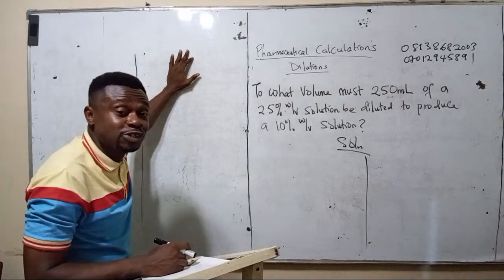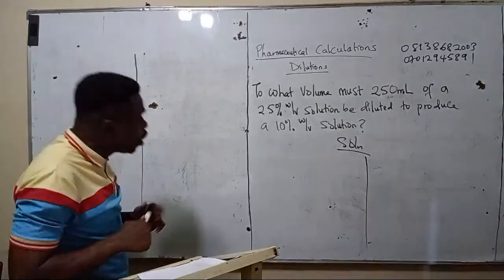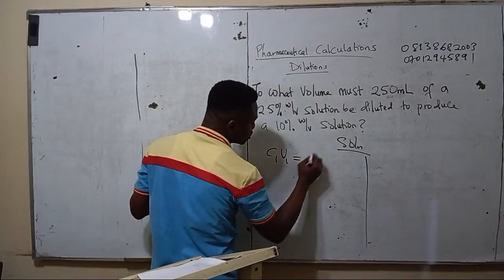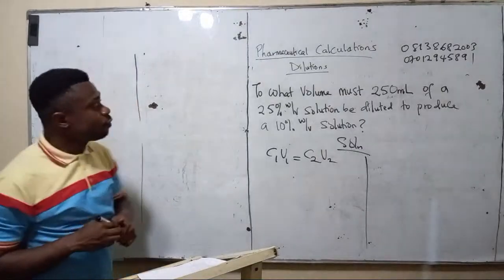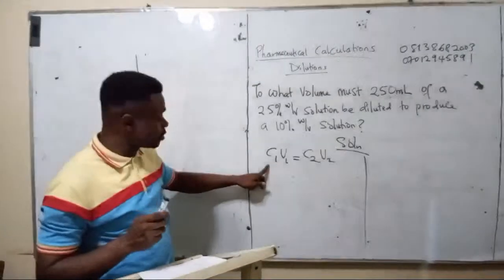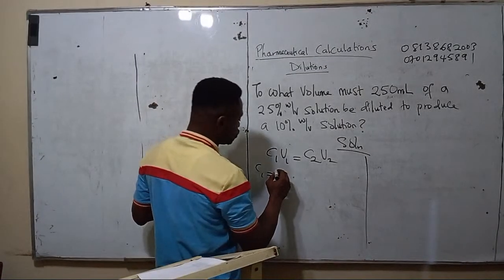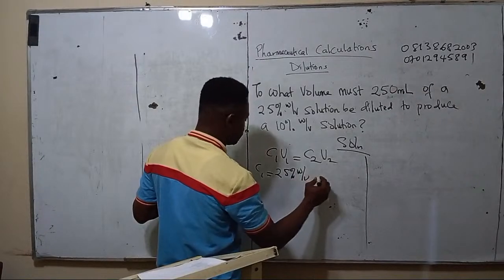Judging by our dilution formula, we are looking for V2. So going back to our formula again, C1V1 is equal to C2V2. From this question, we know our C1. Our C1 is 25% weight in volume.